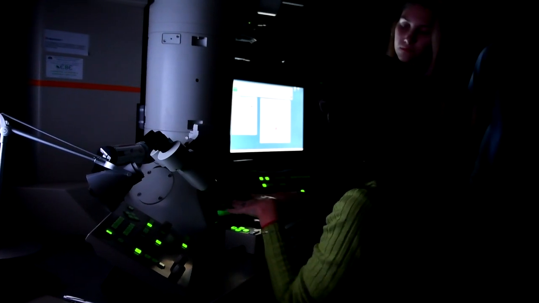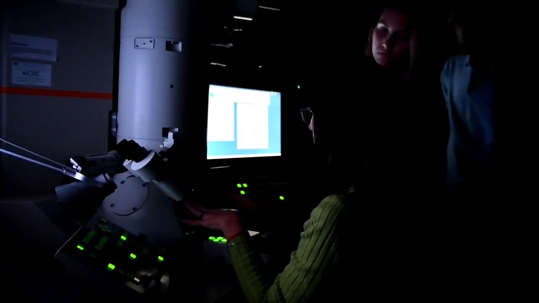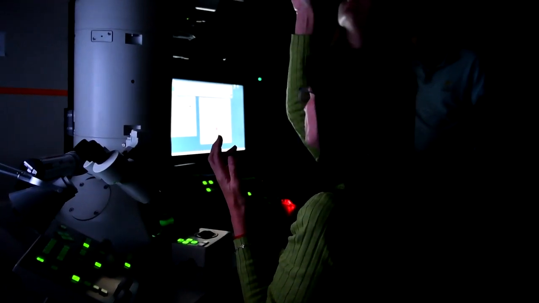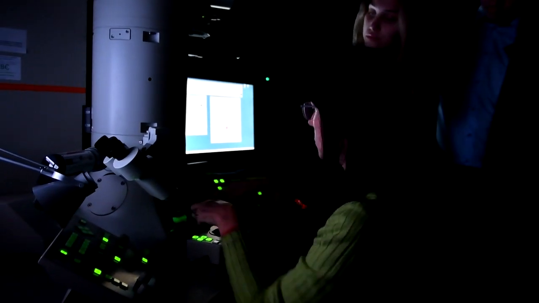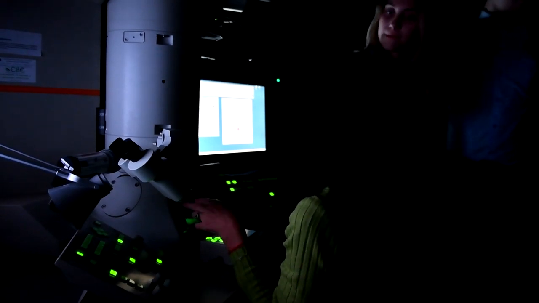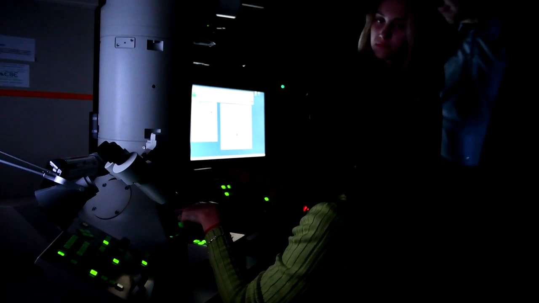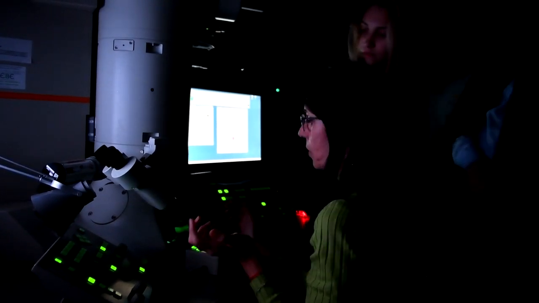That's why we use this screen with greenish light to see electrons. So the beam generated inside goes through the sample and gives the image of the objects, and where there are no particles, you see green light because the screen is fluorescent under the electrons. This is the principle.